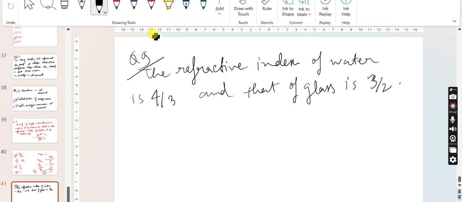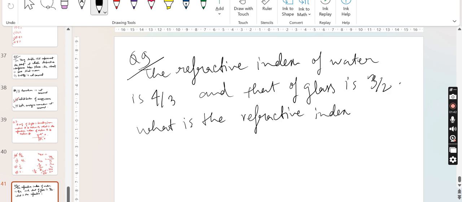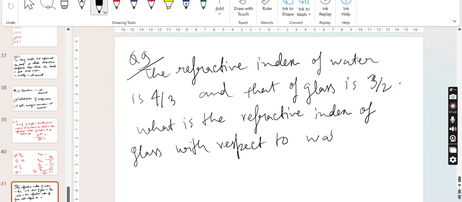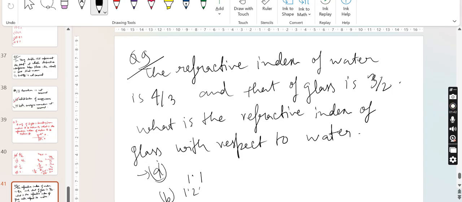What is the refractive index of glass with respect to water? So the options are A 1.1, B 1.23, C 1.25, D 1.125.